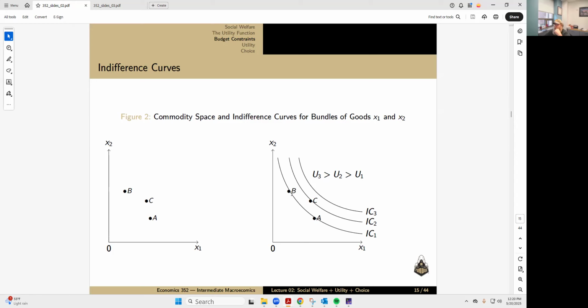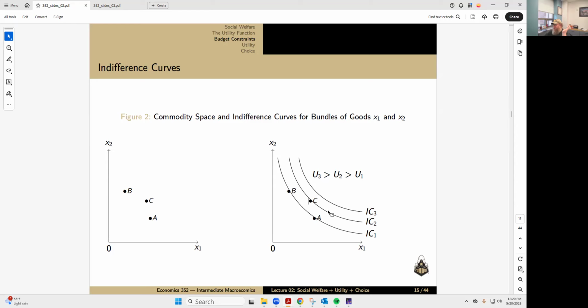So bundle A and bundle B generate the same level of utility for me, therefore I'm indifferent between them. On the other hand, we can see that bundle C exists on a higher indifference curve, therefore represents a higher level of utility. And so we could say that I prefer bundle C to either bundle A or B.